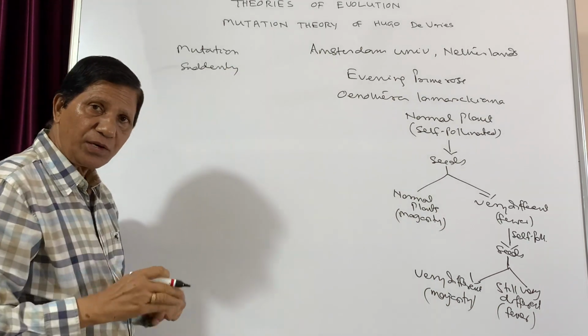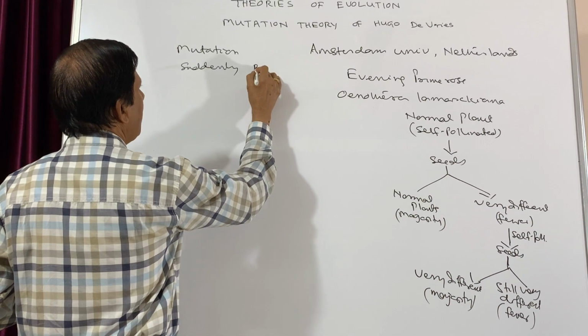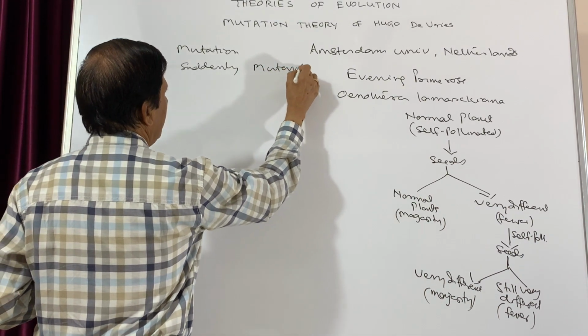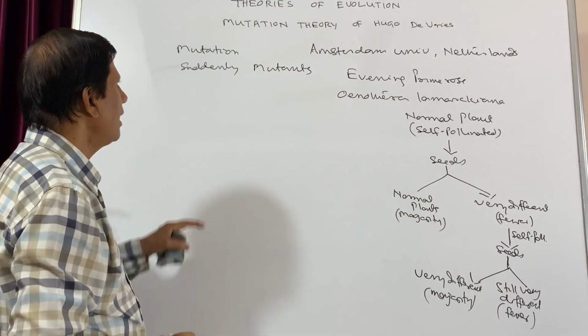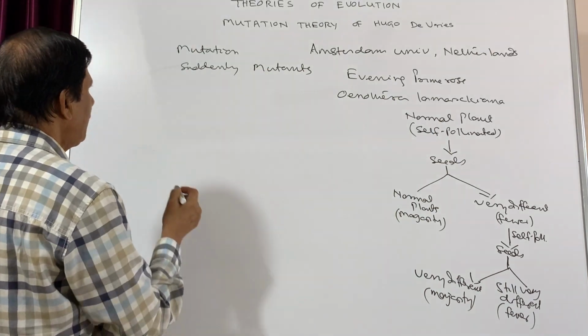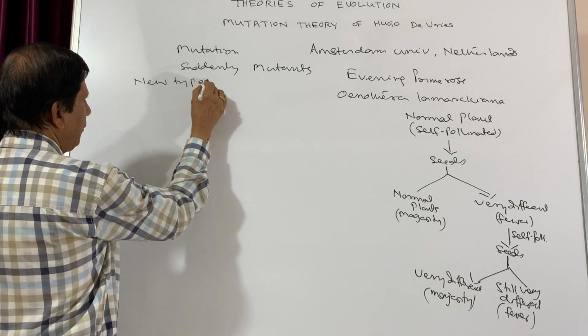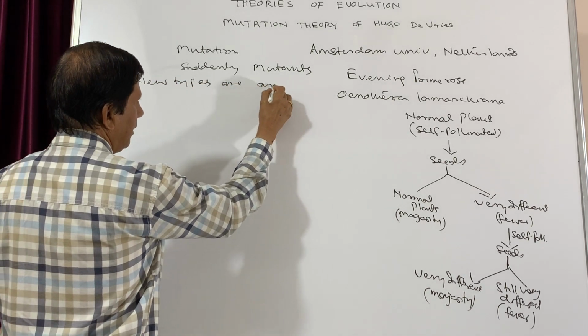And the plant in which the mutation is taking place is known as a mutant. The process is known as mutation and the plants are known as mutants.